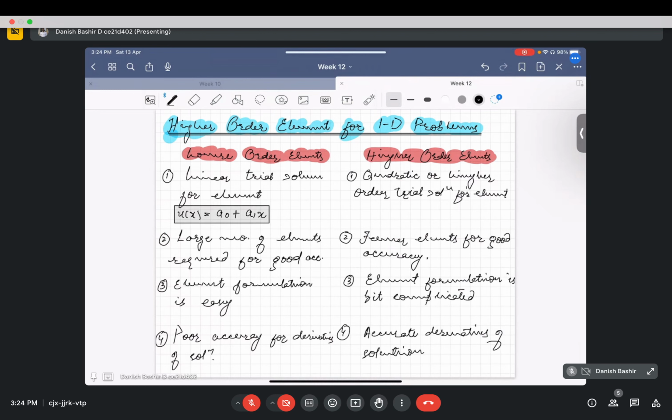Here we will be assuming u of x to be a naught plus a1 x plus a2 x square, and so on, higher orders.